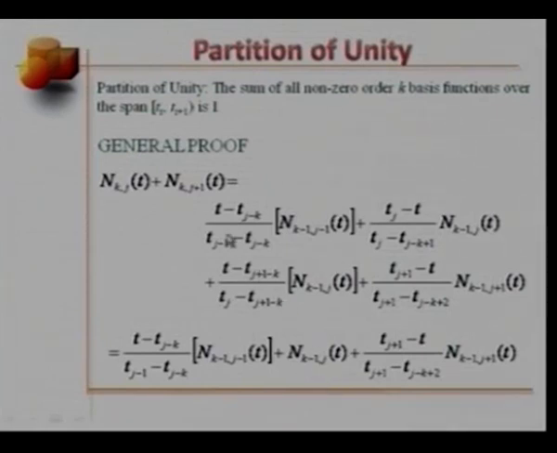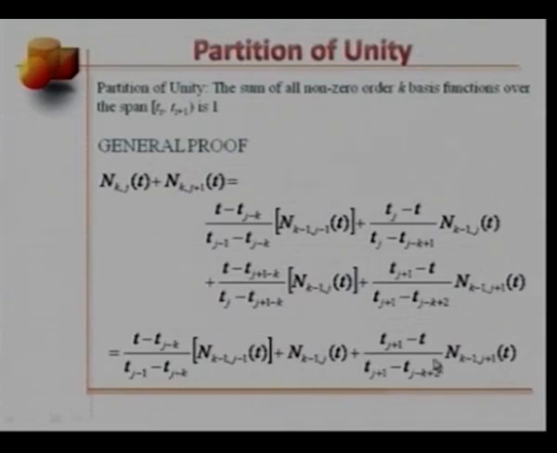So we have the first term t minus t j minus k over t j minus 1 minus t j minus k times N k minus 1 j minus 1 of t, plus these two terms will add to give N k minus 1 j of t, plus the last term here t j plus 1 minus t over t j plus 1 minus t j minus k plus 2 times N k minus 1 j plus 1 of t.